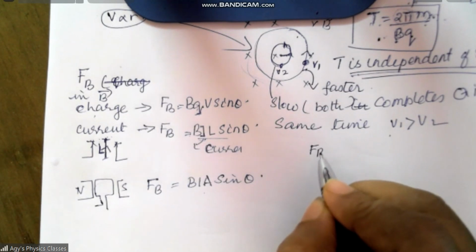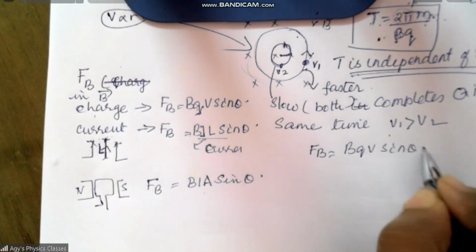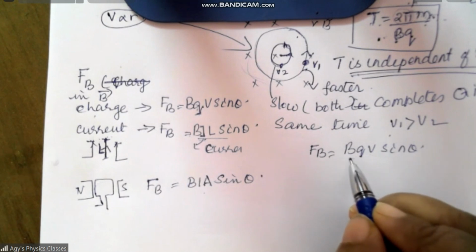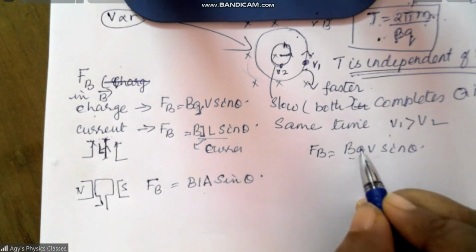So FB is equal to BQV sine theta. Now for the current, what is current? Charge by time.